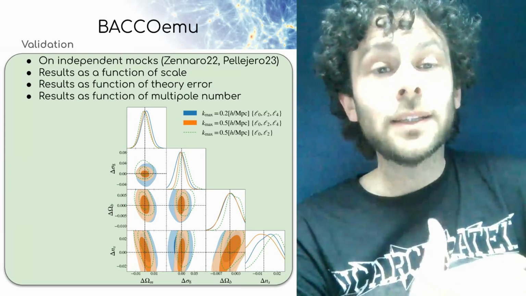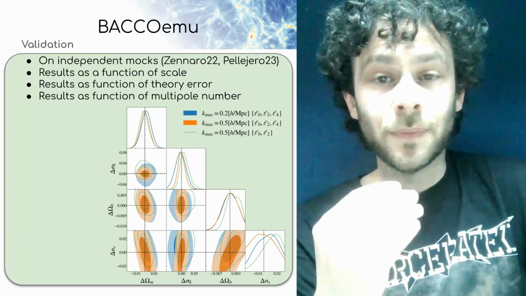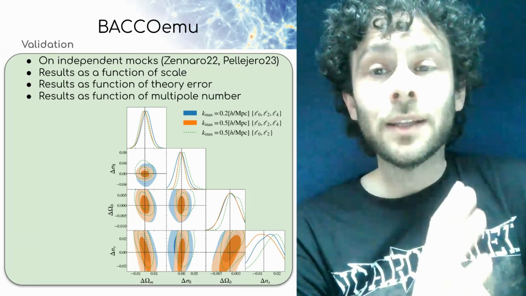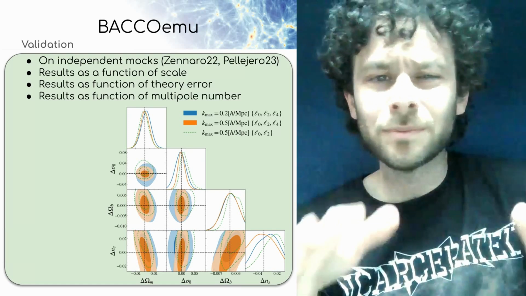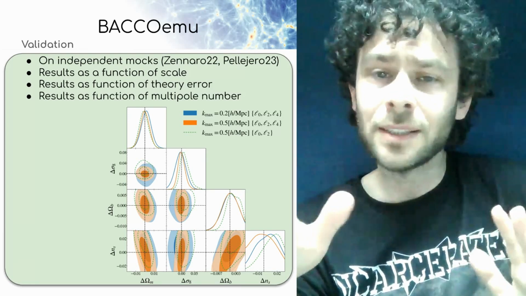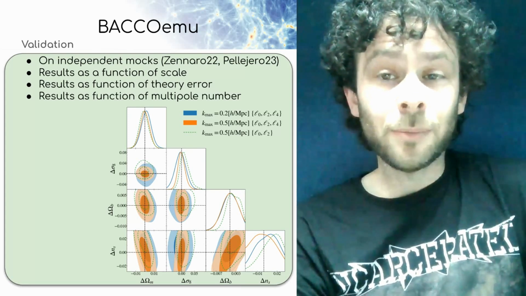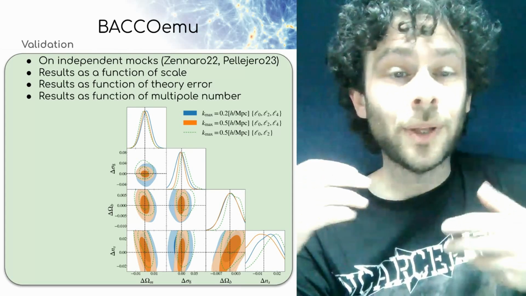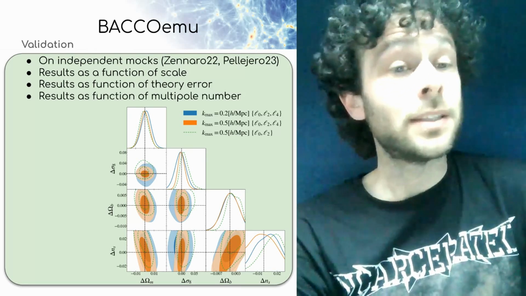Then we checked that the results were robust for different choices of scale cuts. So in the figure, you can see the comparison between a Kmax of 0.2, which is a common cut for perturbation theory analysis, and a Kmax of 0.5. The mean of the cosmological parameter is roughly unchanged, but the contours are tighter. So that's the meaning of robust, that the mean is not really changing.